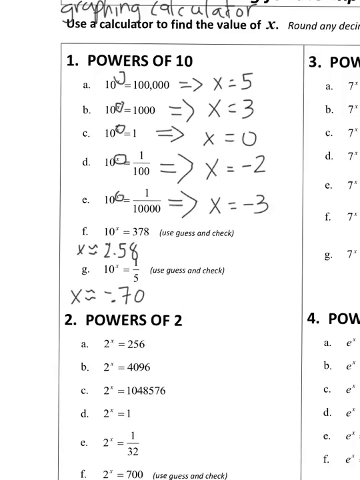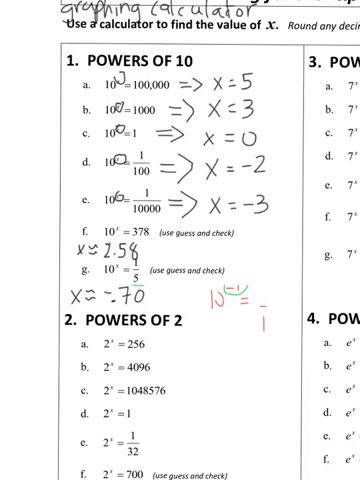For letter G, you know that 10 to the -1 is equal to 1 over 10, and you know that 10 to the 0 is equal to 1, and you know that this x here has to be between 0 and -1, because 1/5 is between 1 and 1/10.